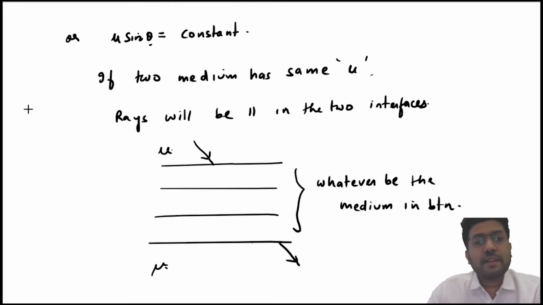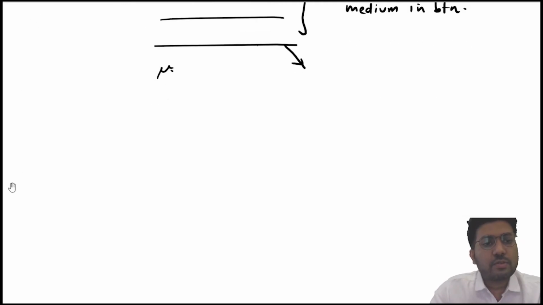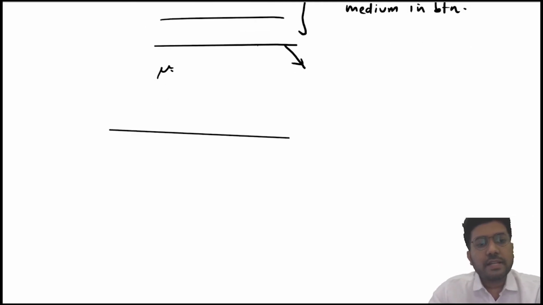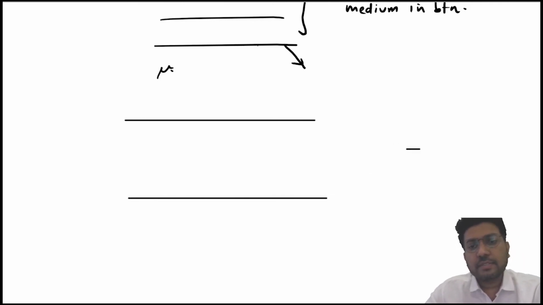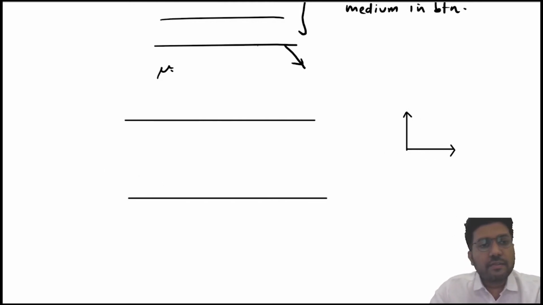One example you can do here is, suppose you have a medium of variable refractive index. Suppose this is the x-axis and this is the y-axis, and the refractive index here is varying with y. All right. But the refractive index here is mu and here also is mu.